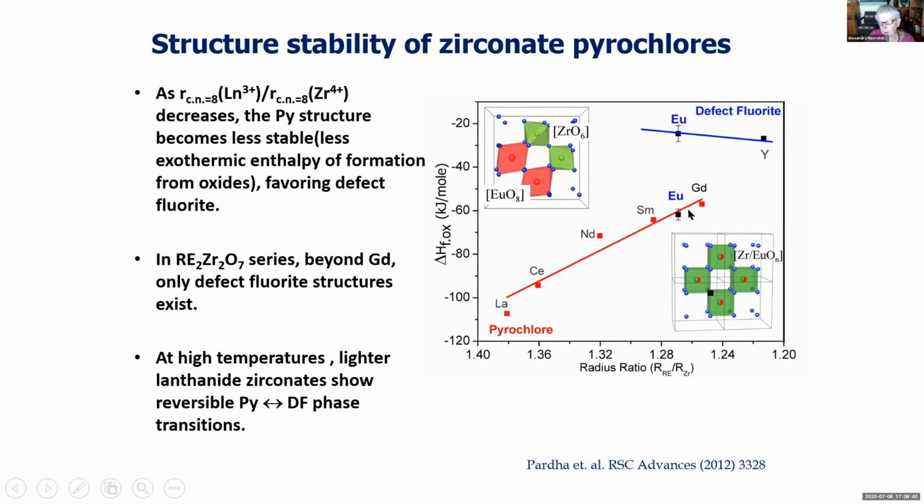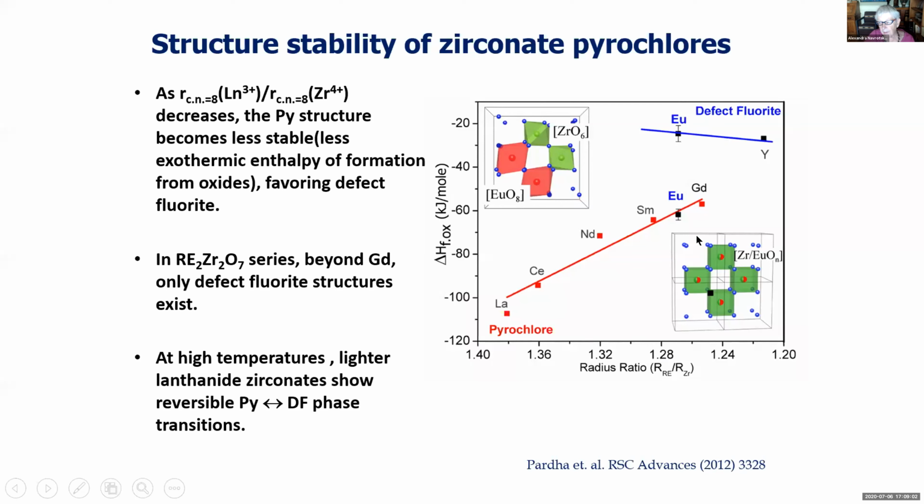And this is well known for a huge number of compounds, ranging from phosphates to pyrochlores to rare earth silicates, etc. One gets an approximately linear relation with the radius, or for that matter, with the number of f electrons.